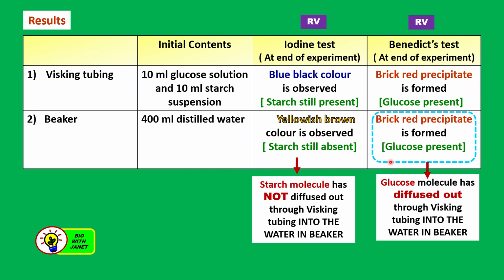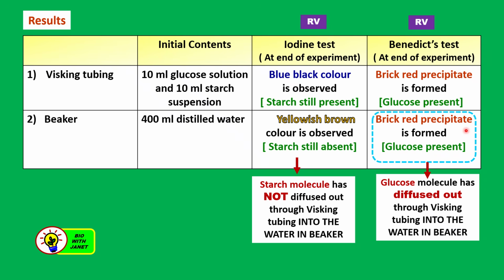Now, the most important result is this one. The Benedict's test conducted on the water in the beaker, or the solution outside the whisking tubing. Test it with the Benedict's solution.